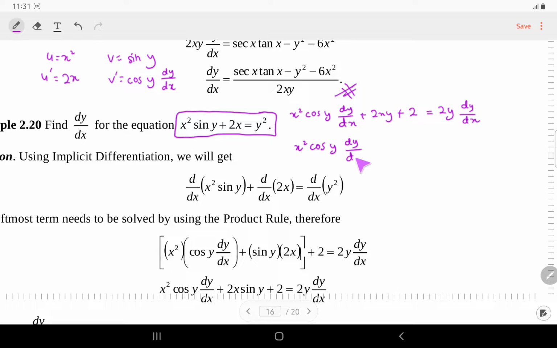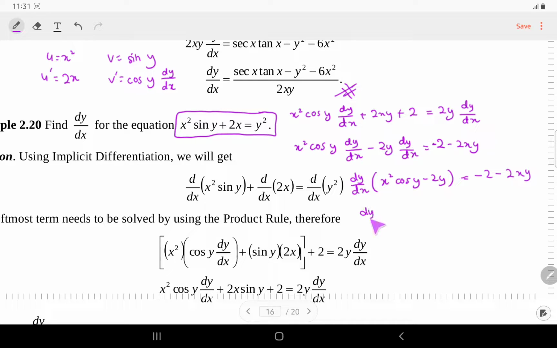So dy over dx minus 2y dy over dx, and then negative 2 minus 2xy, and then we need to factorize dy over dx. So in bracket we have x squared cos y minus 2y equals negative 2 minus 2xy.